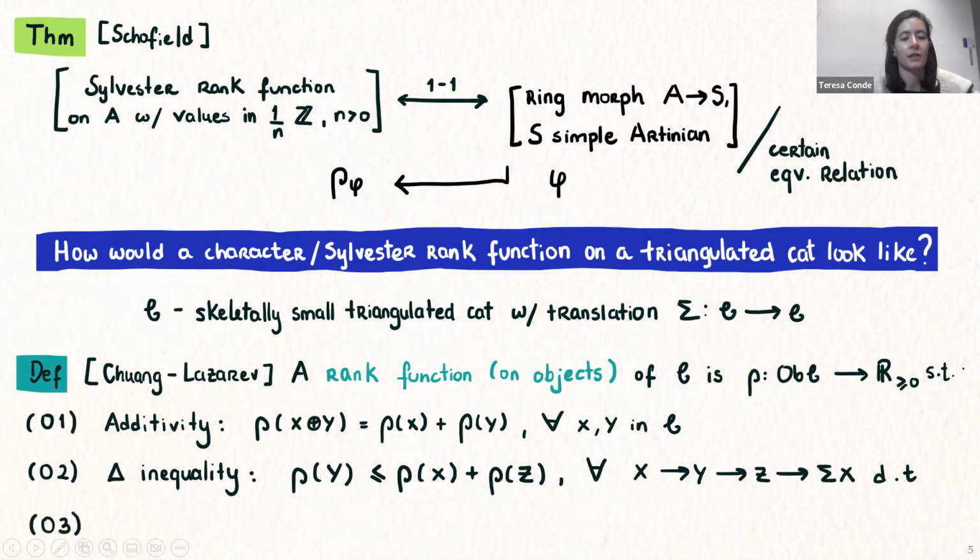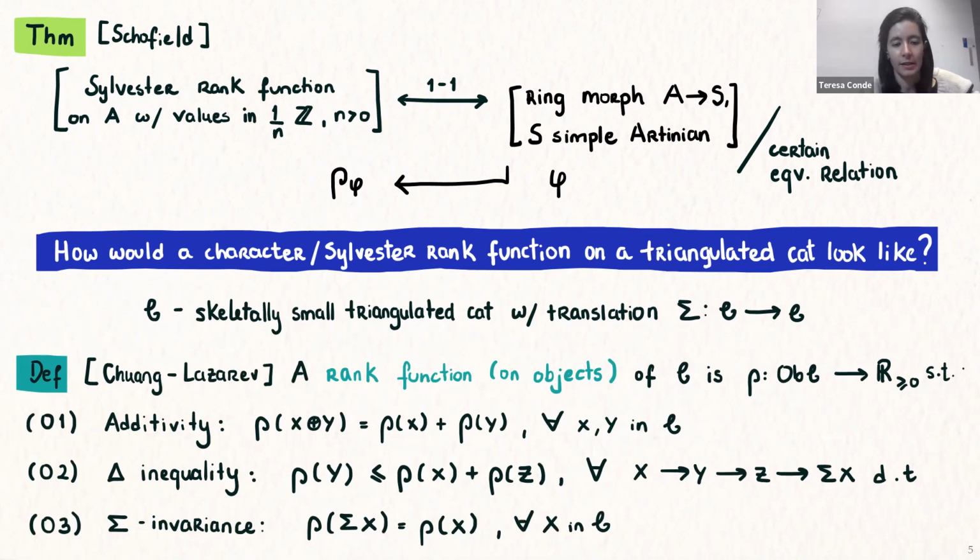And lastly, we are in a triangulated category, so we have a translation functor. So the last thing one requires is that the function rho is sigma invariant. So if we translate our objects, then its rank doesn't change.